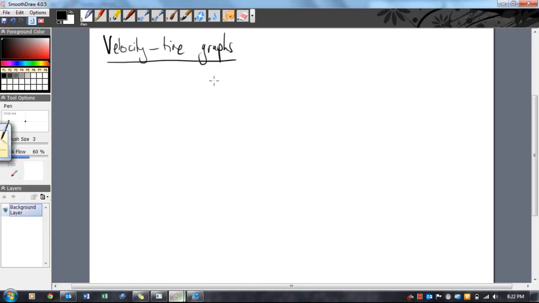So if we look at a velocity time graph here, I've got velocity here, time there. Let's just look at a silly example. Let's say we're traveling along at 2 meters per second, so constant velocity.